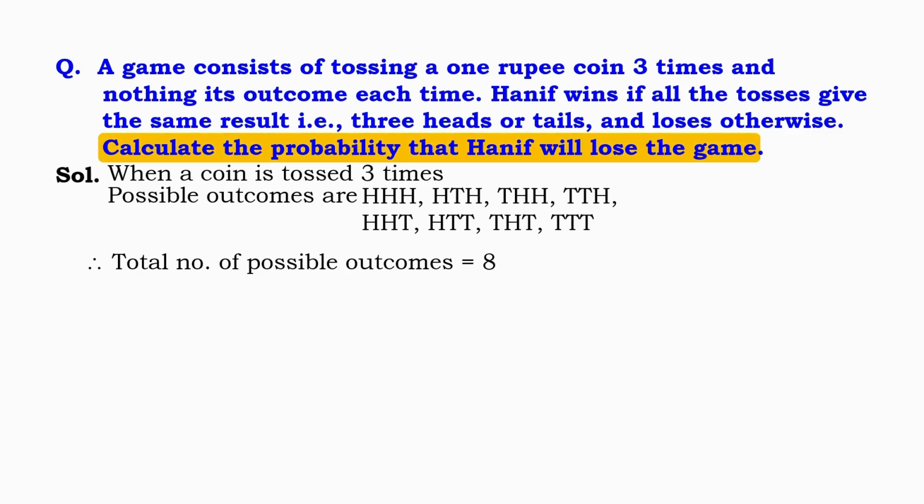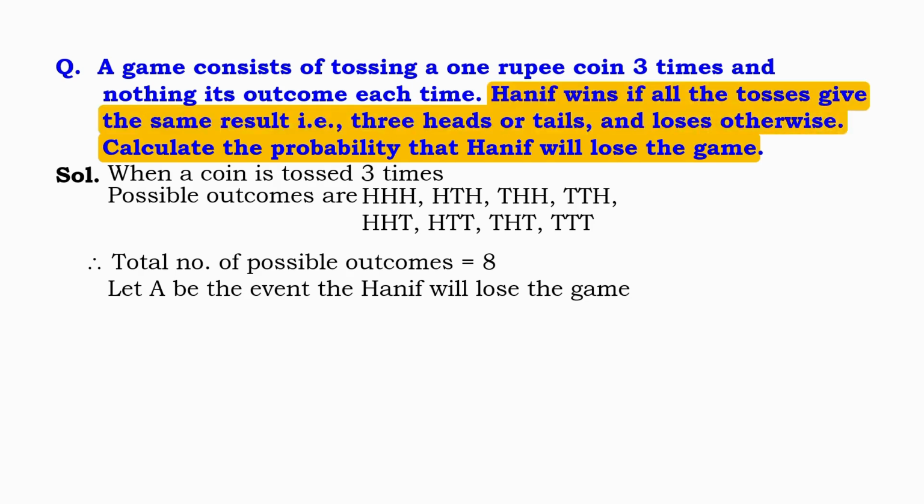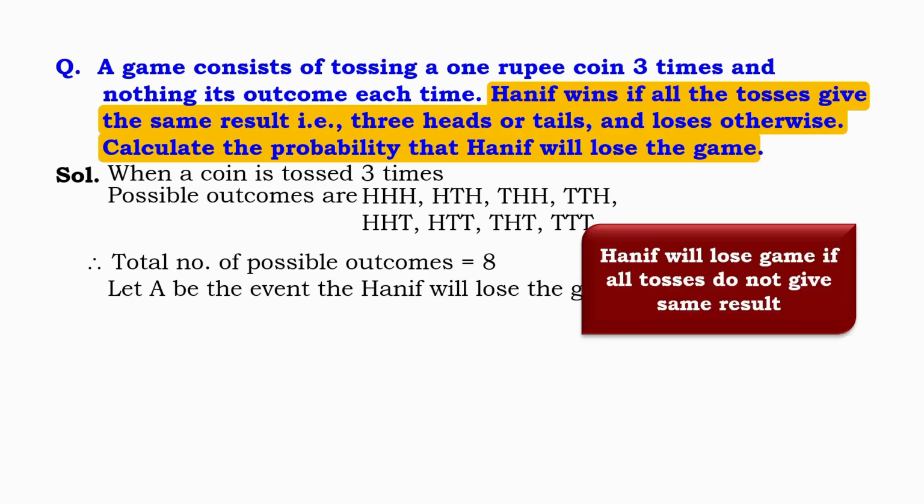Now we need to find out the probability that Hanif will lose the game. So let A be the event that Hanif will lose the game. Now what is the condition given? Hanif will win if all the tosses give the same result, that is 3 heads or 3 tails, otherwise he will lose the game. So Hanif will lose the game if all tosses do not give the same result.